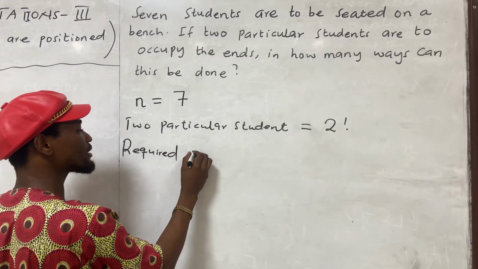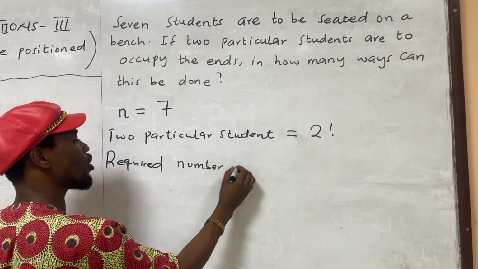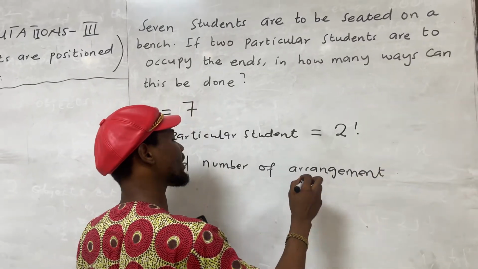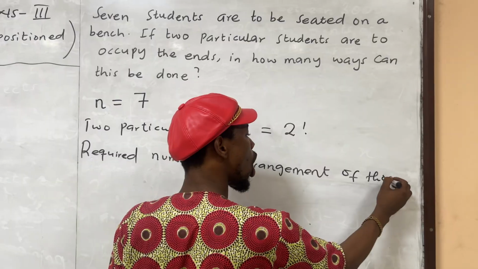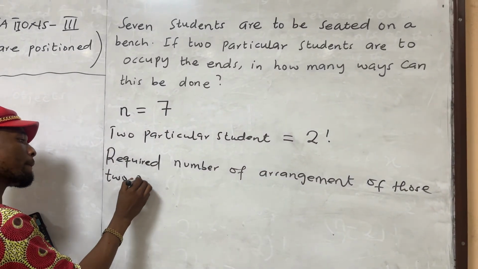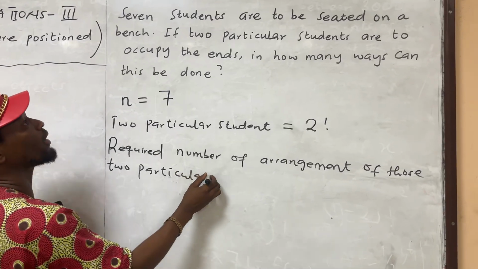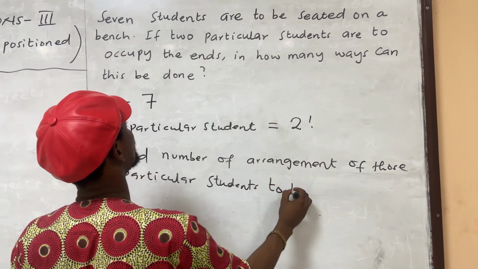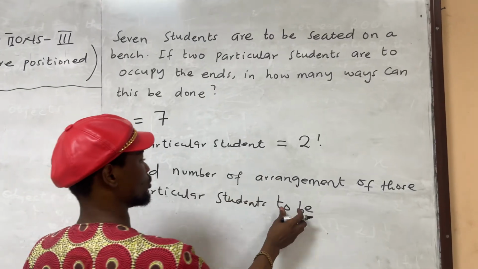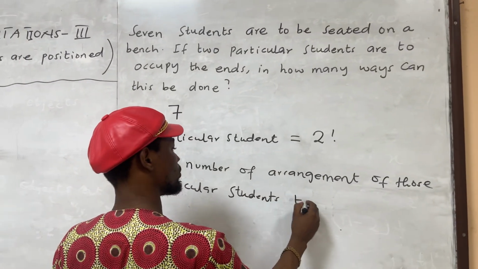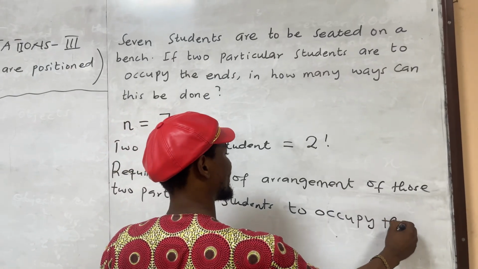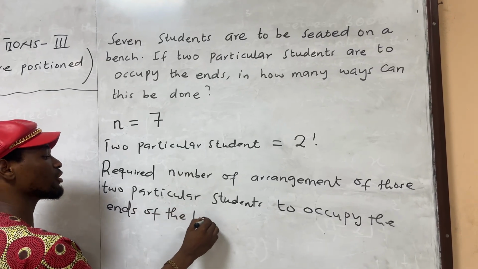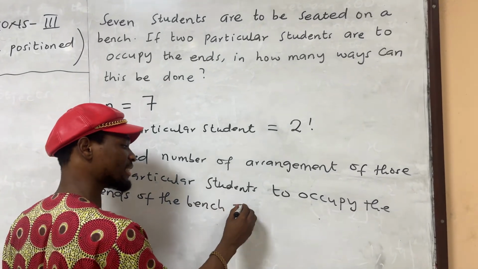So the required number of arrangements of those 2 particular students to occupy the ends of the bench is given by the formula.